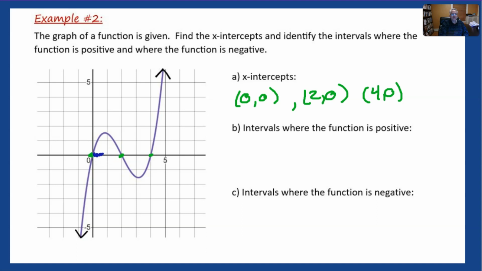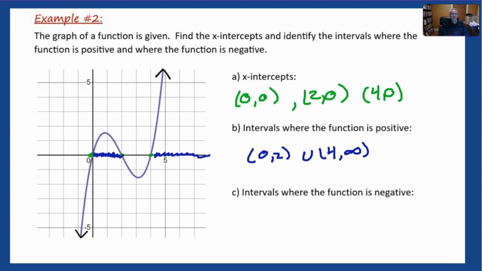Right here, for these values of x, the function is above the x-axis. The y values are positive. So we have from 0 to 2, but also from this point onward it's above the x-axis, so union 4 to infinity. For any value of x in that region, the function is above the x-axis.